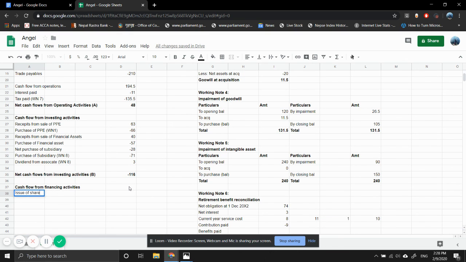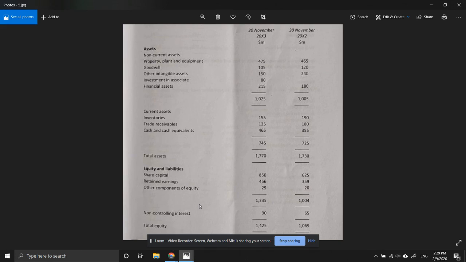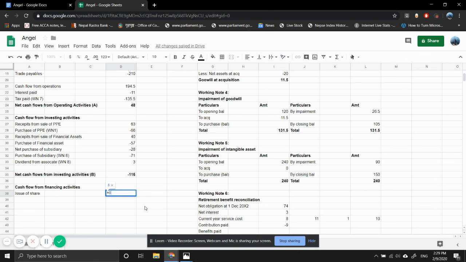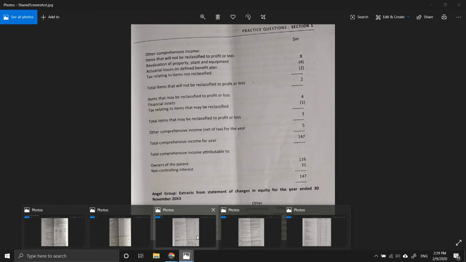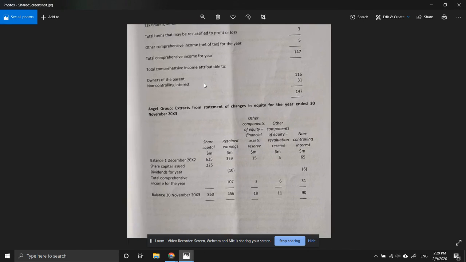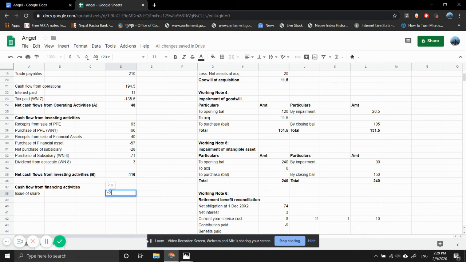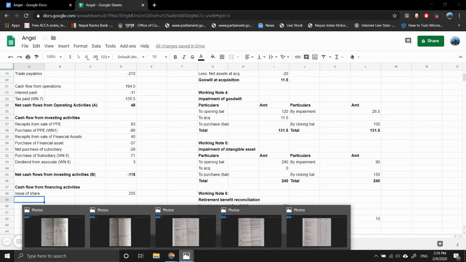Issue of share, which is basically how much is it? Let's look at the statement of changes in equity. It'll be easier from here, right? So 225 was the added share, so that will bring money into the business, right? So anything else?